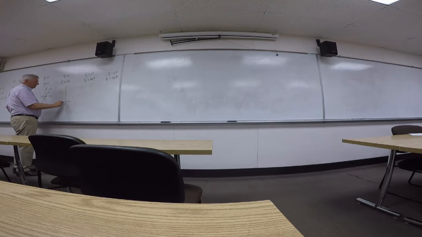This one, if we graph it, most of you recognize it as a parabola containing the points 1, 1 and negative 1, 1 and 0, 0, curving upward.